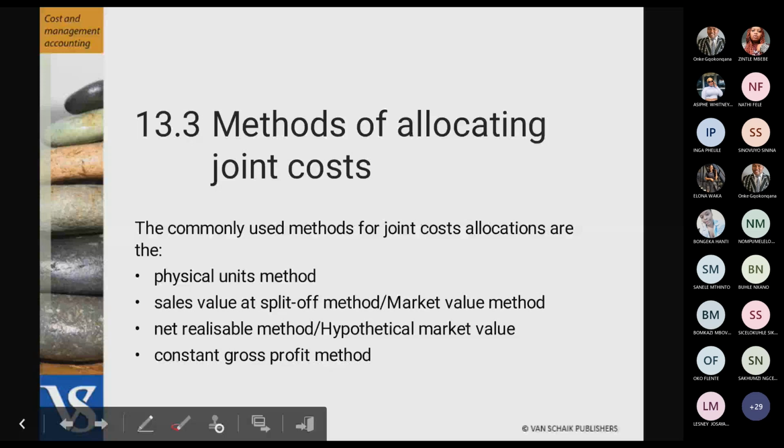The first method is your physical units method, followed by the sales value at split-off method, or the market value method. The third one is your net realizable value method, or hypothetical market value. The last one will be the constant gross profit method. So we've got those four methods that we use to allocate joint costs to our main products.